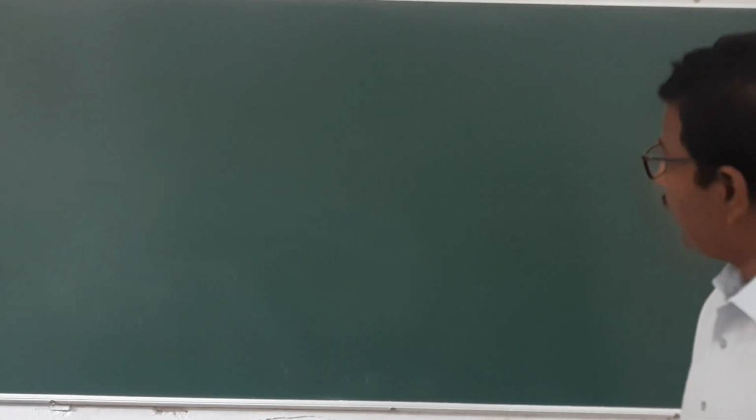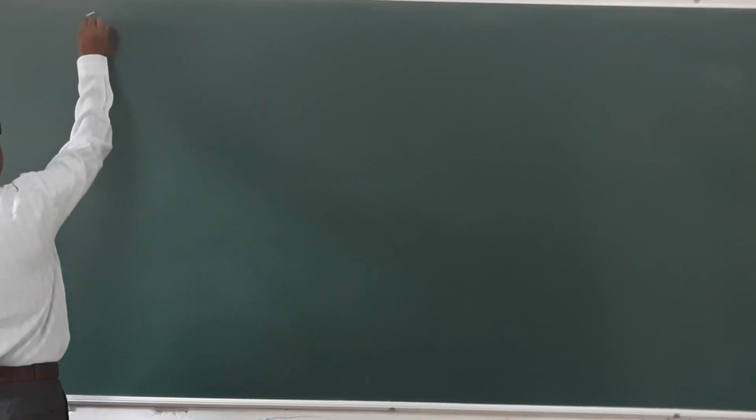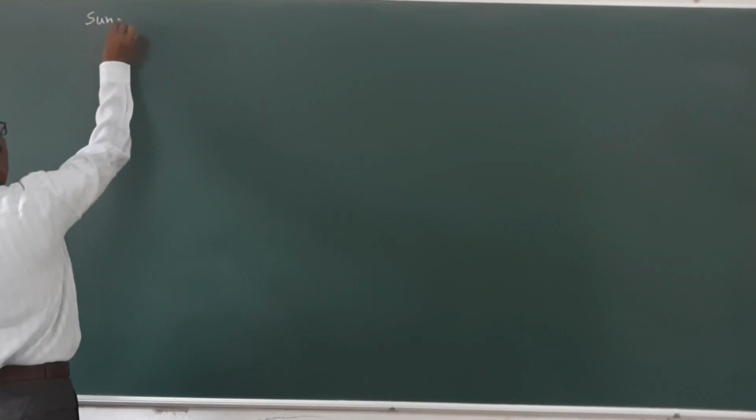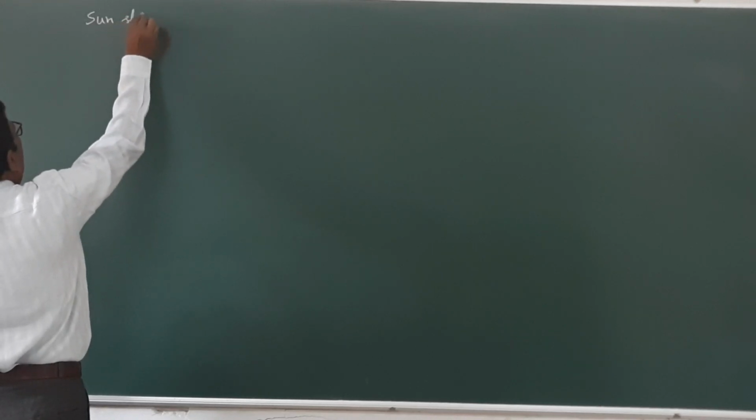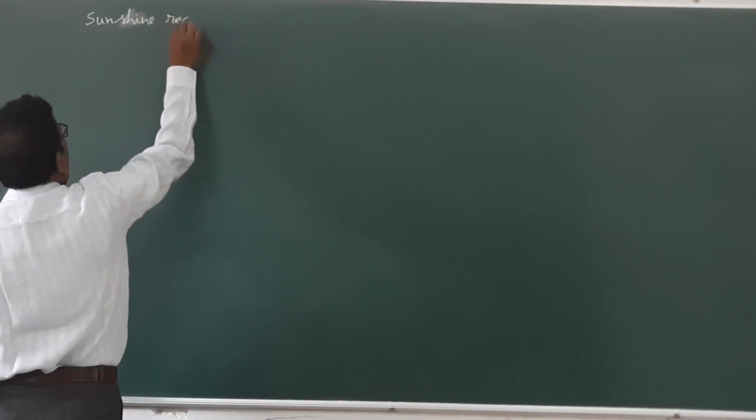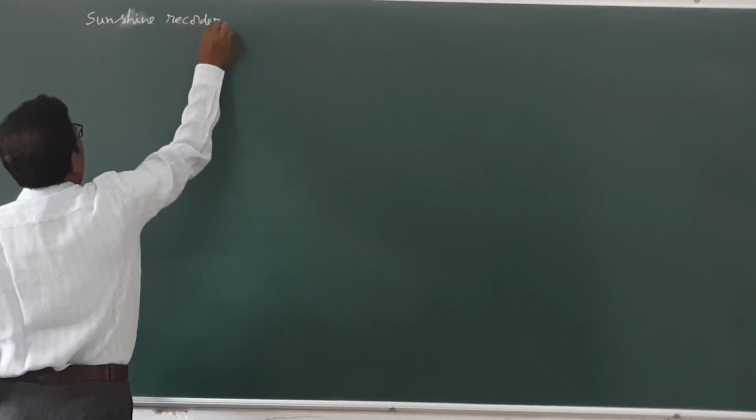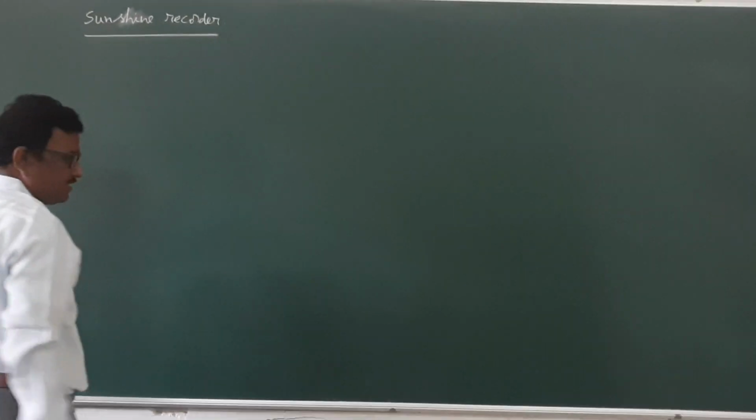Another device which is used for the measurement of solar radiance is the sunshine recorder.